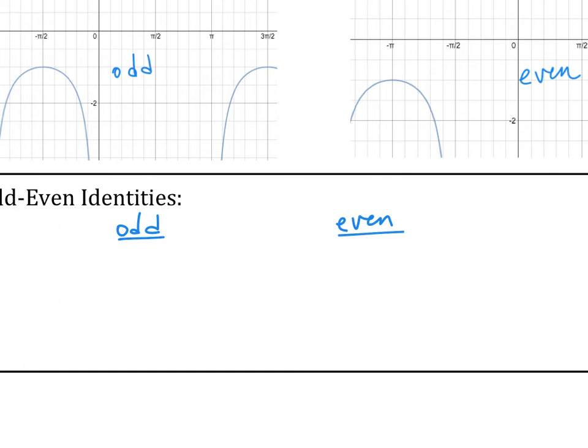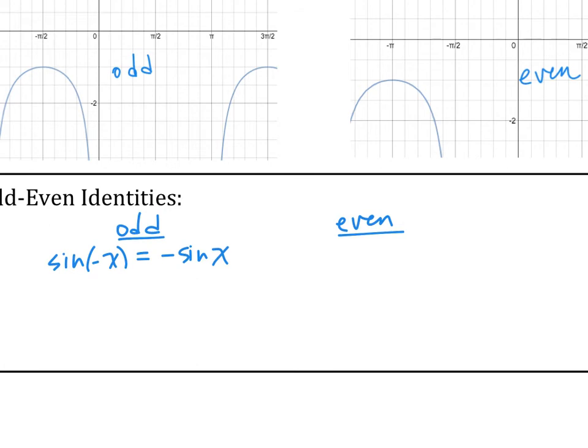Okay, we have some odd ones, right? We had sine, tangent, cotangent, and cosecant. Since they are odd, they must follow our odd proof, right? F of negative x means negative on the outside. So sine of negative x must equal negative sine x.